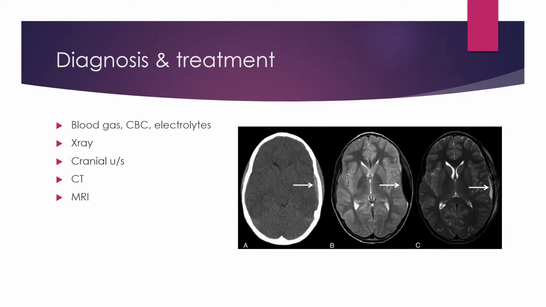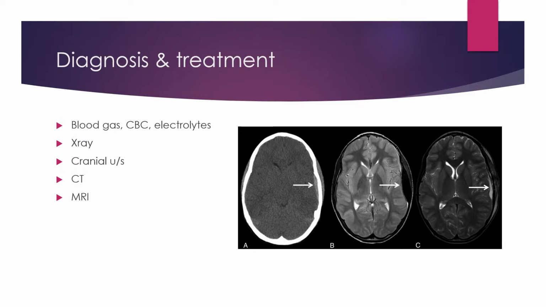So diagnosis and treatment, what do we do when they come in? We're gonna, backing up, you wanna support your ABCs always, right? So if they are showing moderate to severe signs and symptoms where they're having vital signs changes, you want to support your respiratory and cardiac systems first.